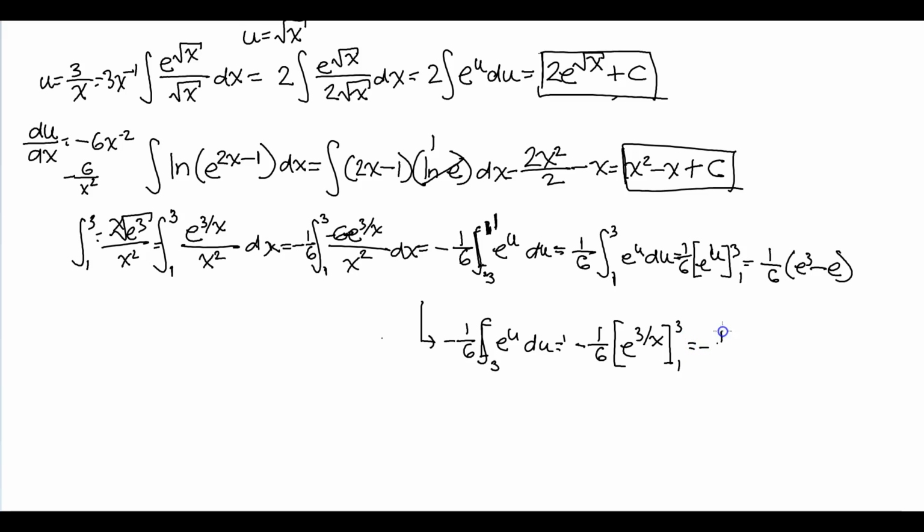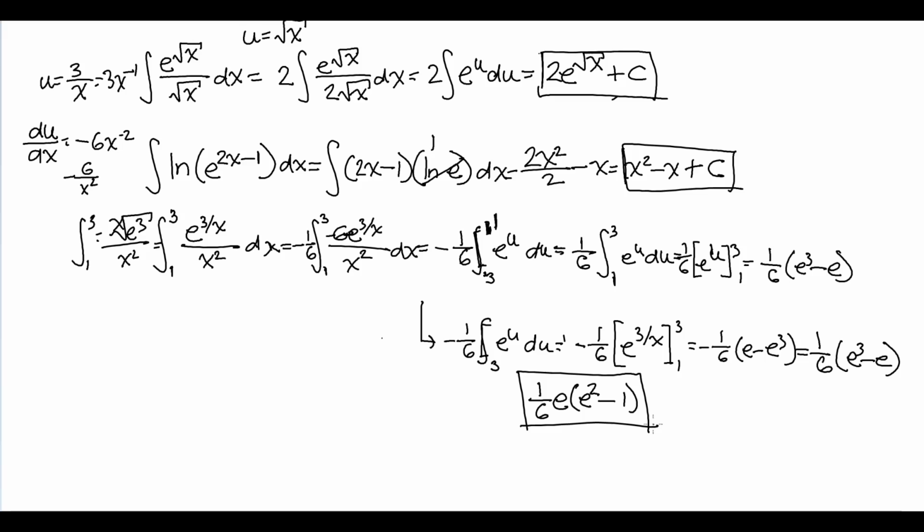And that gets us negative 1/6 times e minus e cubed, which, if you know algebra, can be written as 1/6 times e cubed minus e. So it's no big deal. You can actually factor out an e to make it even more simplified looking. This is the value of your definite integral.